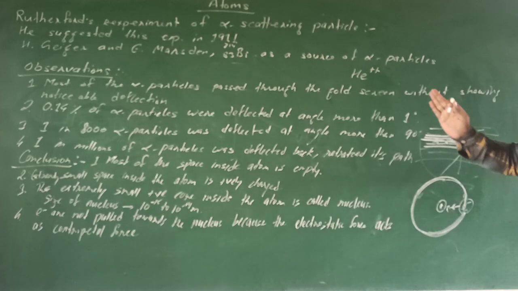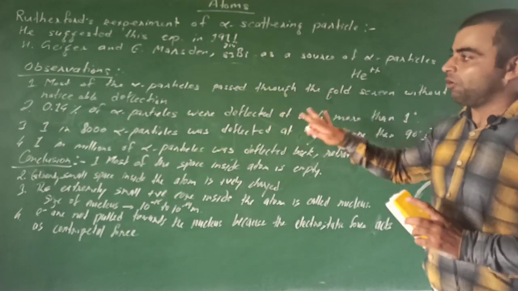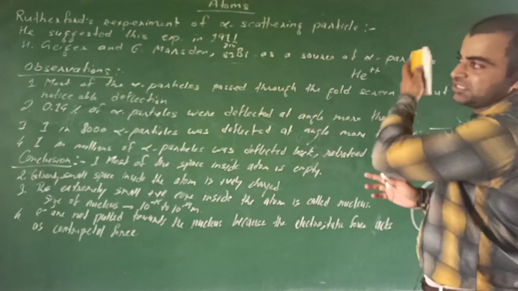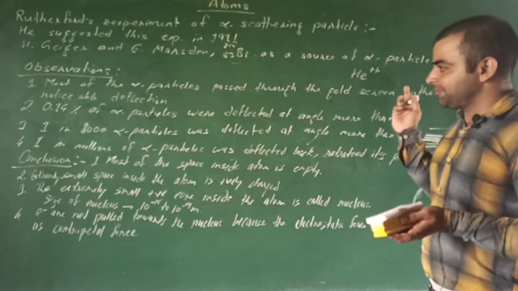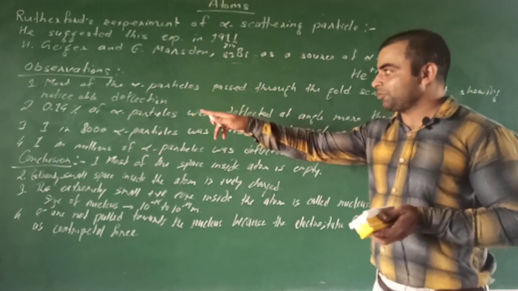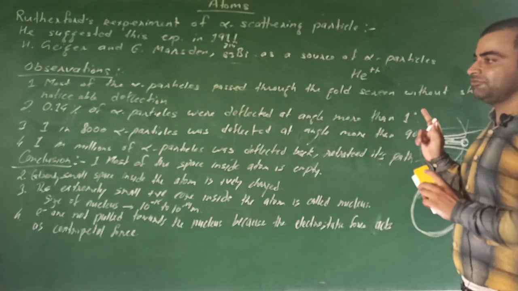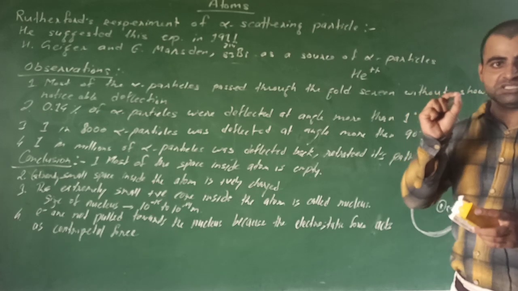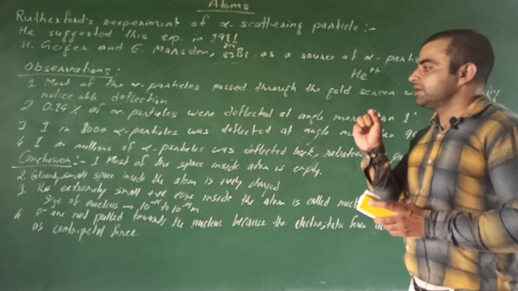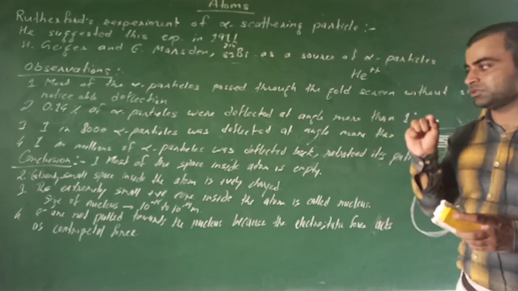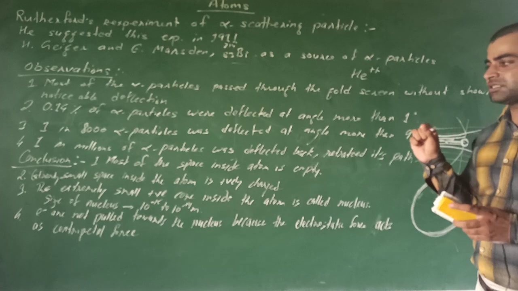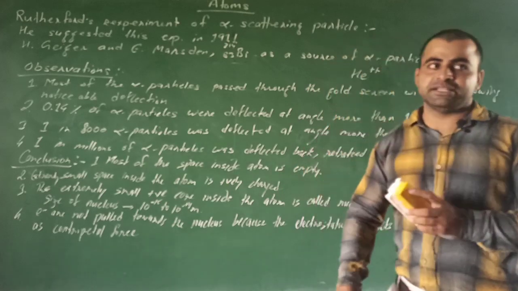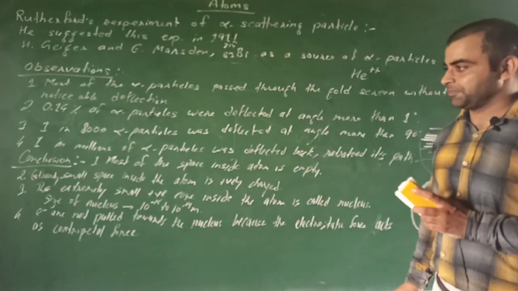Next, conclusions on the basis of observation. Most of the space inside the atom is empty because alpha particles pass without any deflection, and because 0.14 of alpha particles are deflected at an angle more than 1 degree, only a small space inside the atom is positively charged. This extremely small positively charged core is called the nucleus, and its size was observed as 10 raised to power minus 15 to 10 raised to power minus 14 meter.